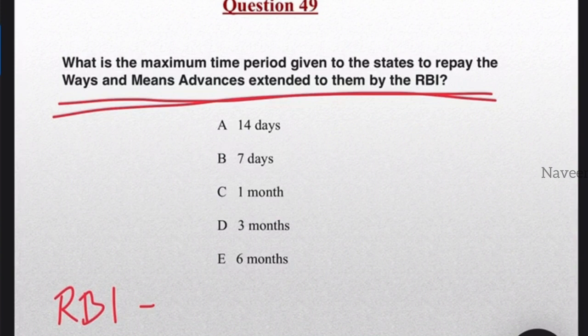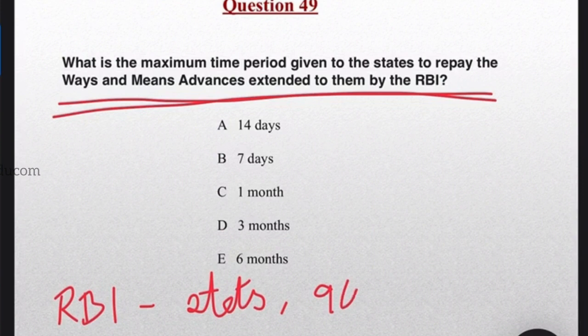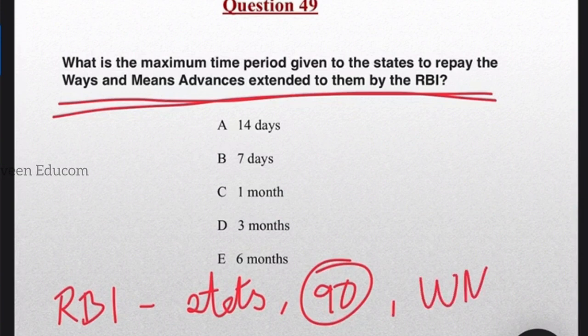So hope you are noting these important points. Ways and means advances are extended by the Reserve Bank of India to the states in order to help them meet the temporary mismatch in the cash flow. The state can repay the advance within a maximum period of 90 days. There is no such facility given to the central government by the central bank.